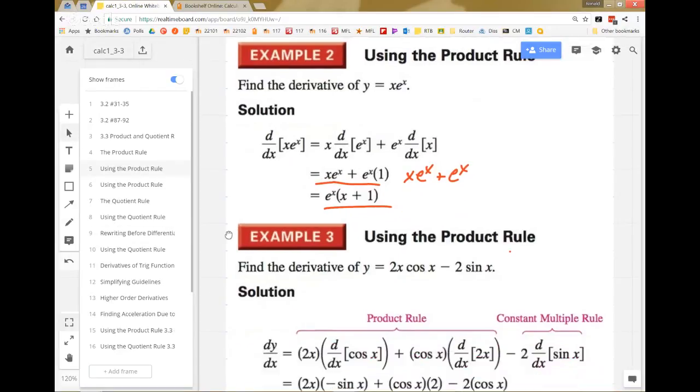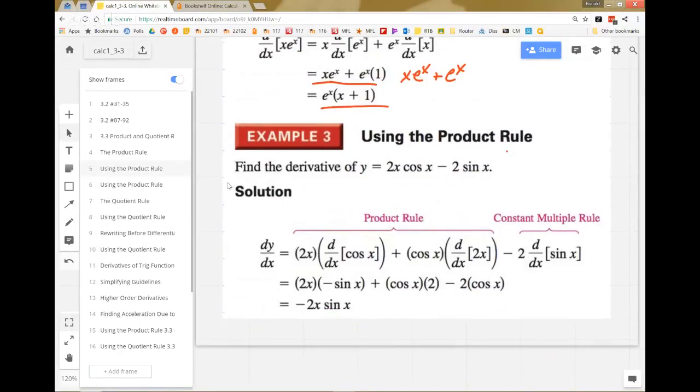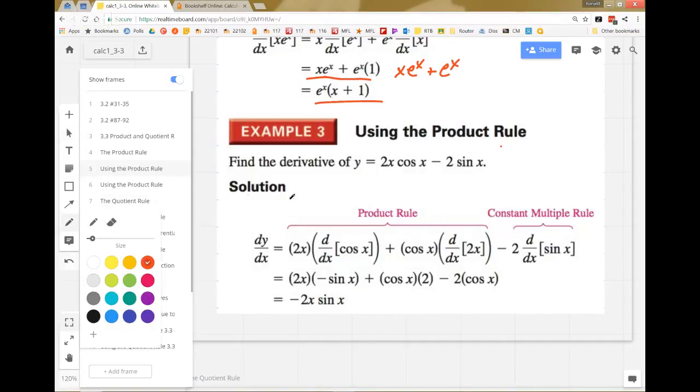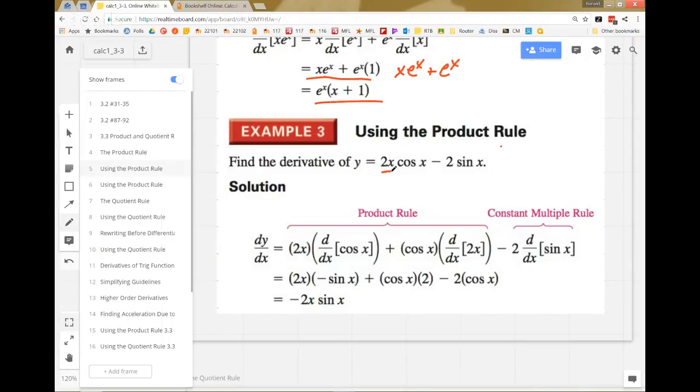So let's do this one now. Example 3. What's the derivative of 2x cosine x minus 2 sine x? So we've got kind of a combination of rules here. As you look at this first term, we have the product of two things, 2x times cosine x.